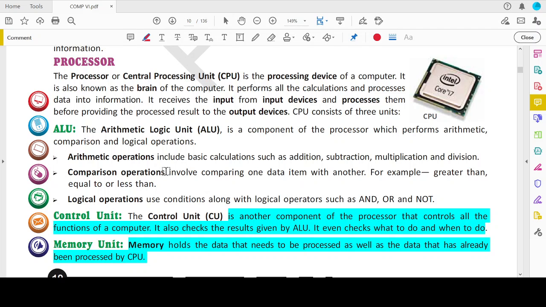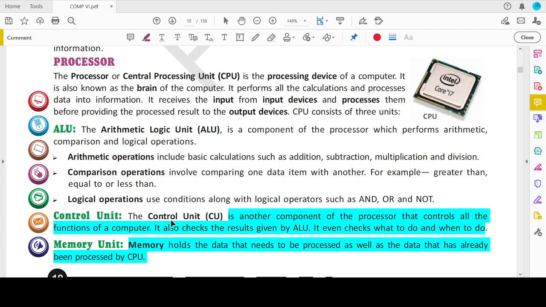Comparison operations involve comparing one data with another data, whether it is greater than, equal to or less than. Logical operations include the use of conditions along with logical operators such as and, or and not, right? So all these three operations are done by the arithmetic and logic unit of the processor.